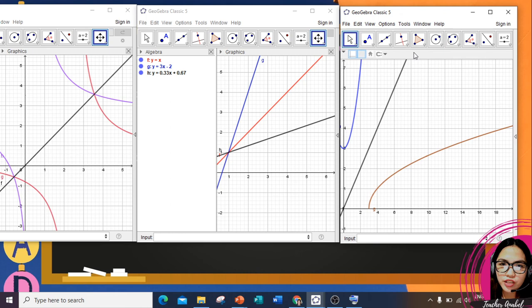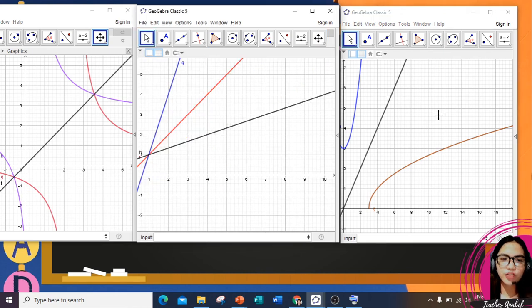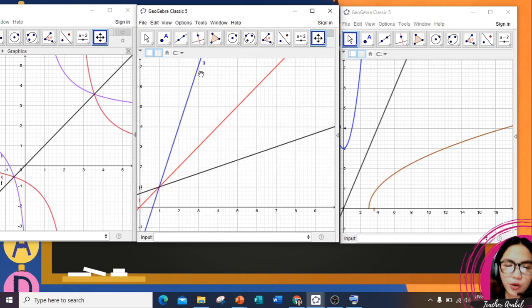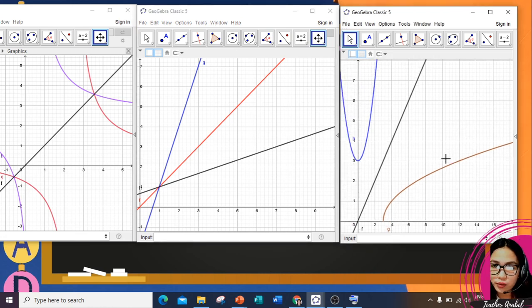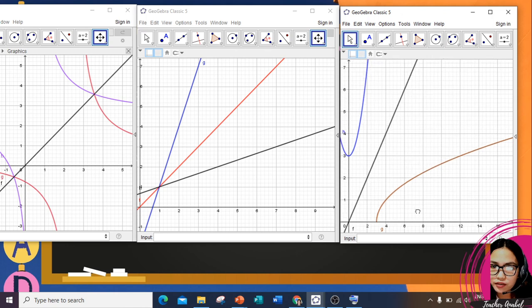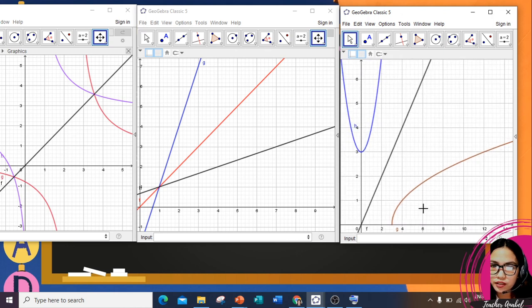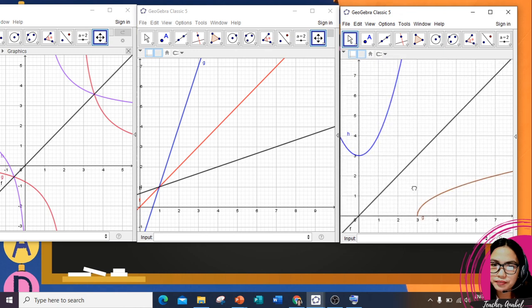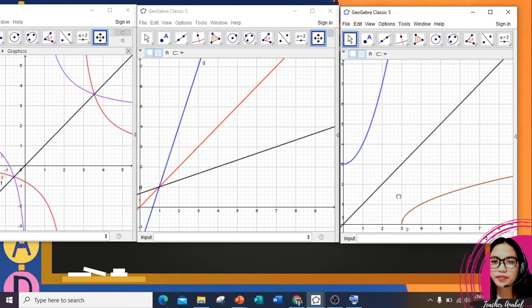Try to compare each graph. Try nyo i-compare yung mga graph natin. So, what have you observed with this function? Then this one. The interval here must be, what have you observed with each graph?